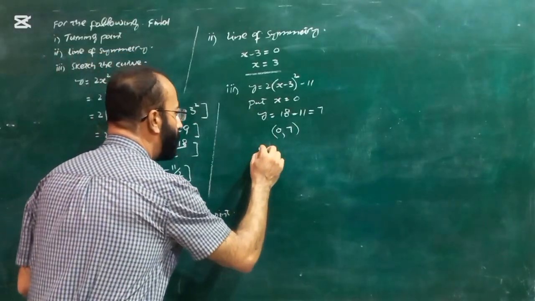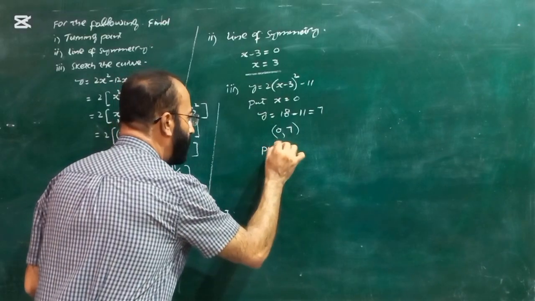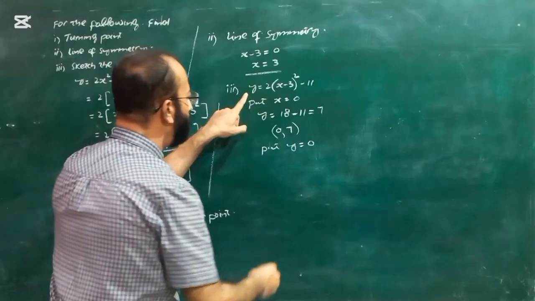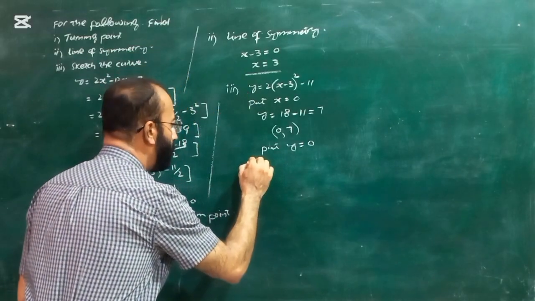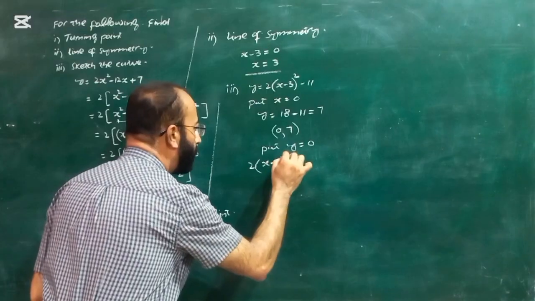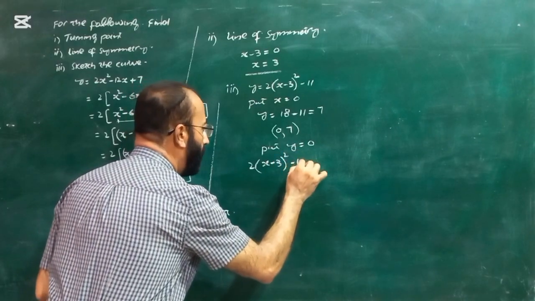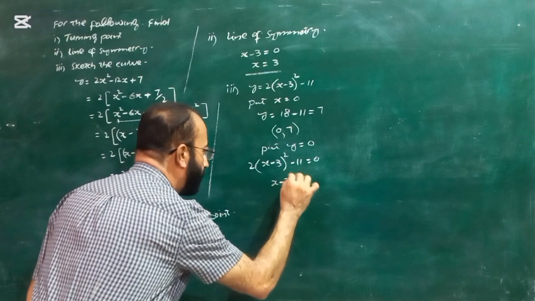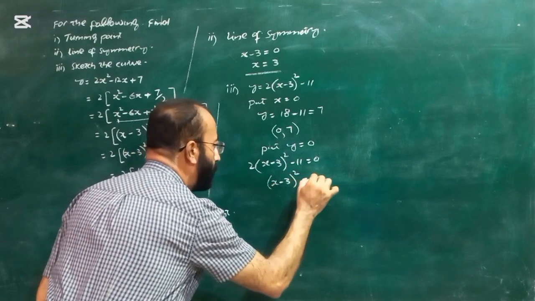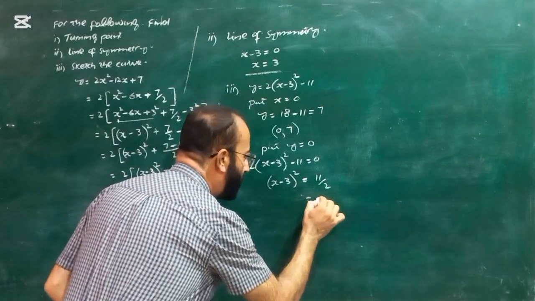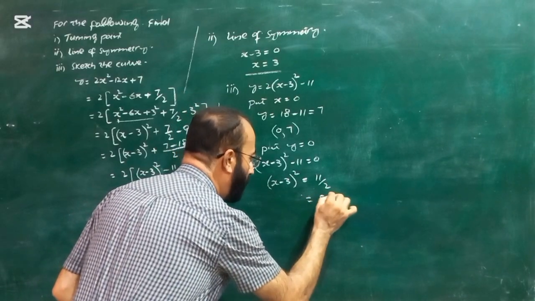Now we are going to put y = 0. So when y = 0, the equation will be 2(x - 3)² - 11 = 0. From here, (x - 3)² = 11/2, that is equal to 5.5.